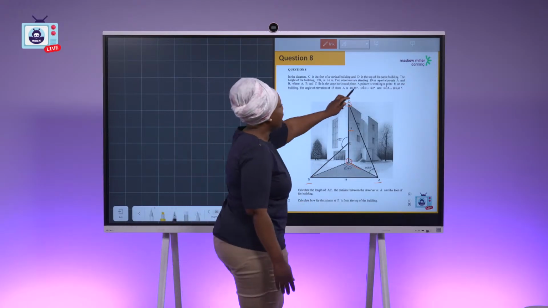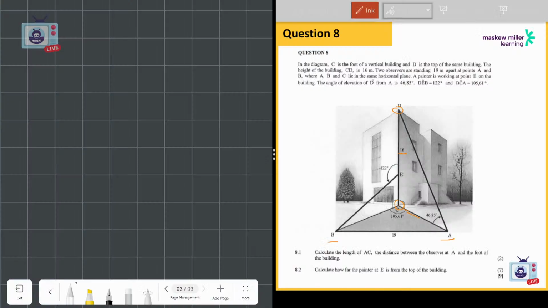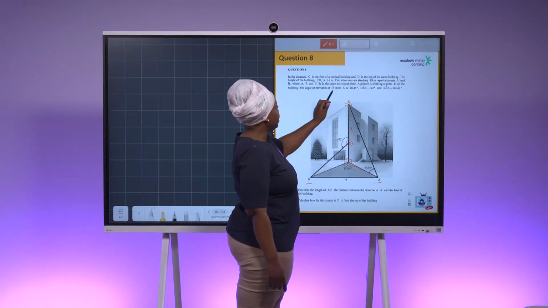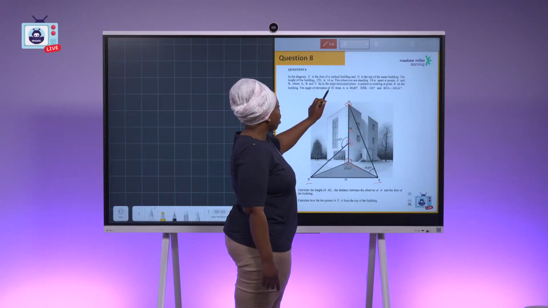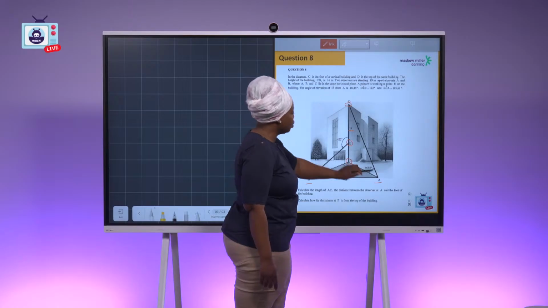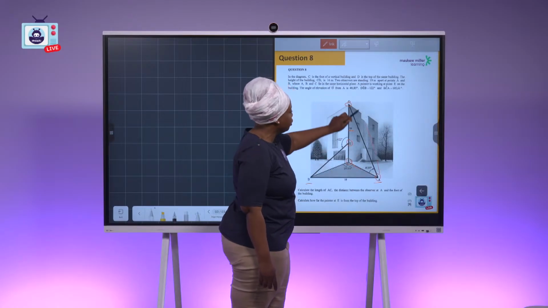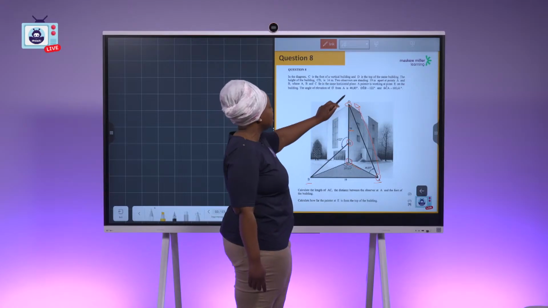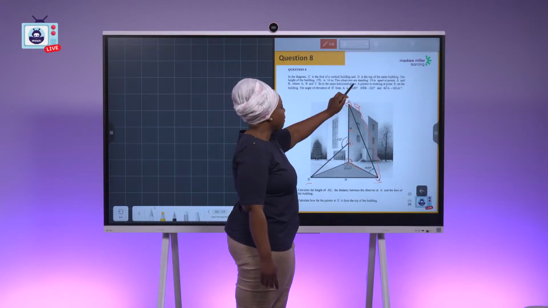A painter is working at point E, which is here in the middle of the building. The angle of elevation, I always refer to it as looking up, is from A going up to D, and it is 46,85.